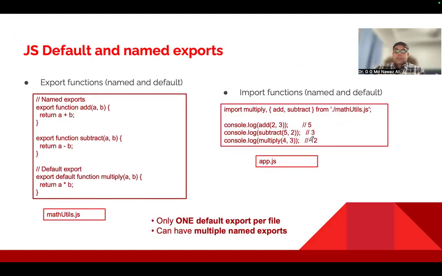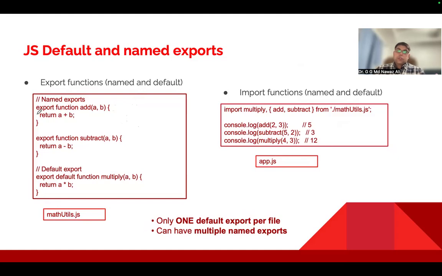Okay. So for exporting functions, when you want to write in a modular approach, especially when your app is getting larger and larger, you don't want to write everything in a single file, right? So that's why we need to write into multiple files. And we can export the functions, the tools that we need, to another file.